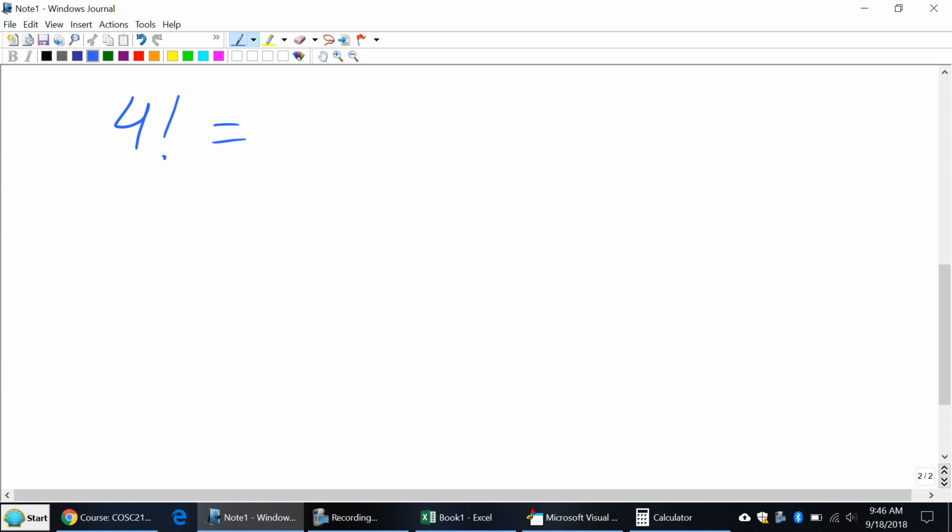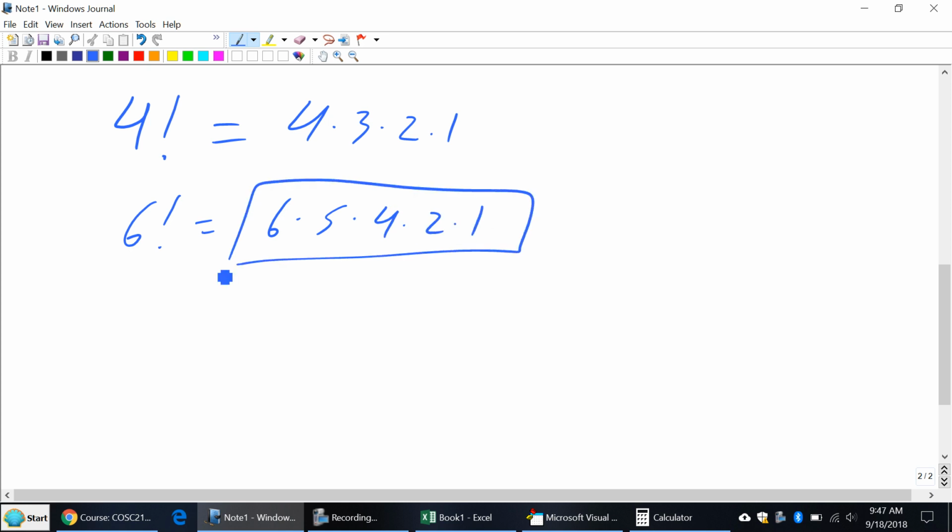All this exclamation point is, you're going to get it immediately. It's just 4 times 3 times 2 times 1. That's it. That's all a factorial function is. So if you see 6 factorial, it's just equal to 6 times 5 times 4 times 3 times 2 times 1. Turns out this is a very important function which you'll come across in different classes that you take.